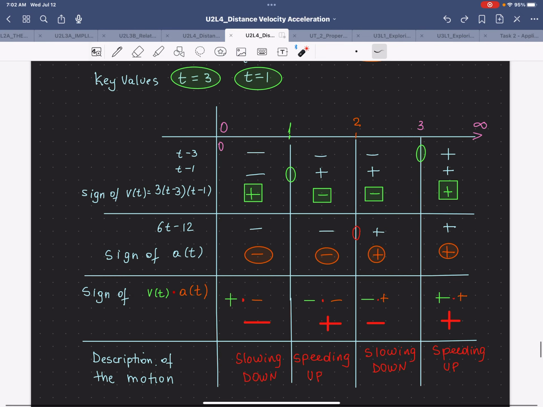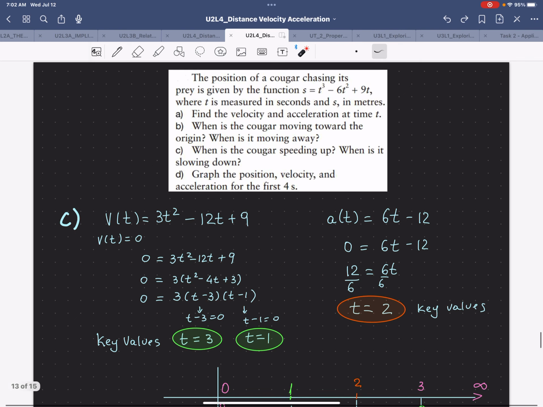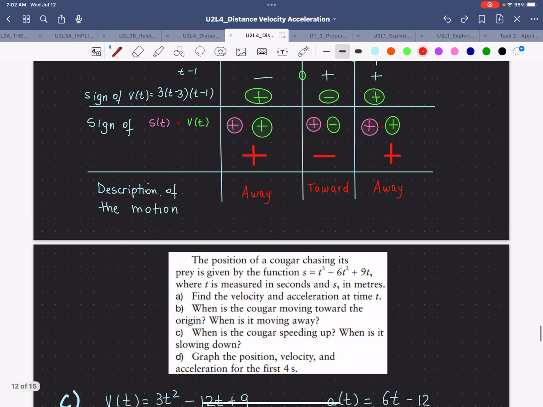So lastly, we were told to write or draw a graph or try to draw a sketch of the position, acceleration, and velocity for the first 4 seconds. So I will very quickly actually try to draw a description of the motion first. So remember that initially the cougar was moving away, towards, and then away again.